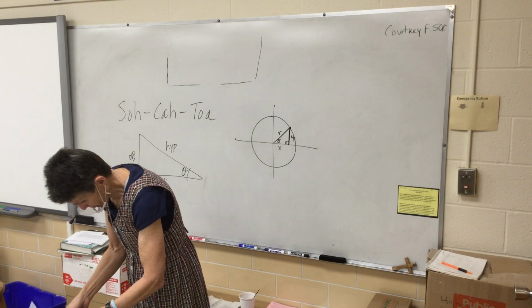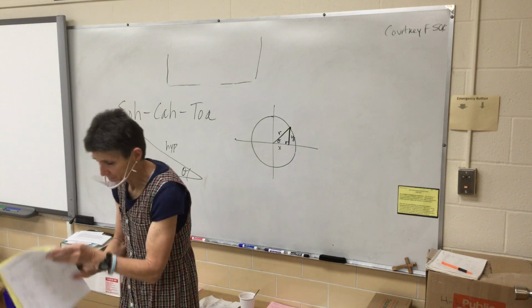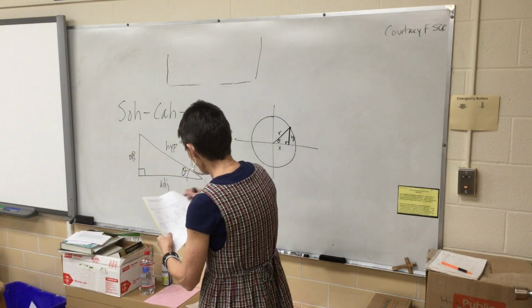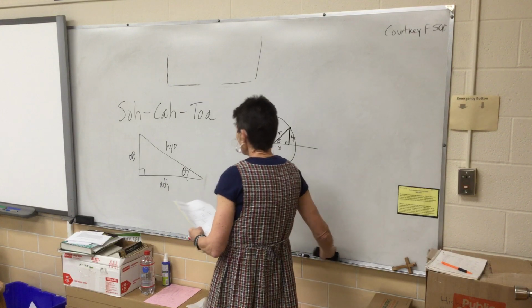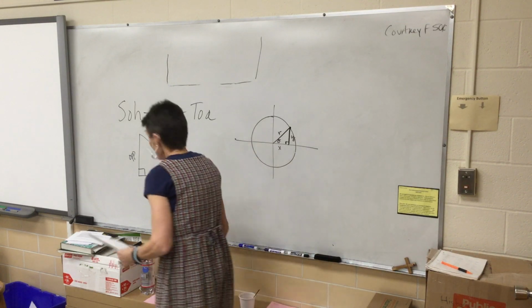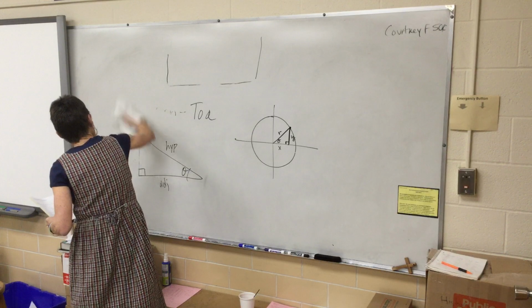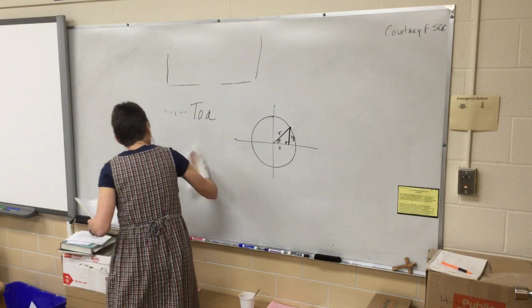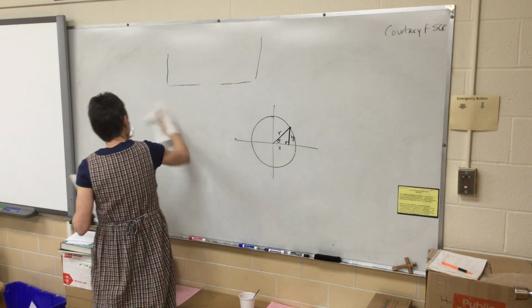We've got our sheet, we're all ready to go. Let's look at our problems. Find the values of all 6 trig functions of theta. Remember, theta is your variable, nothing to be scared of. It's a Greek letter, it stands for the angle.